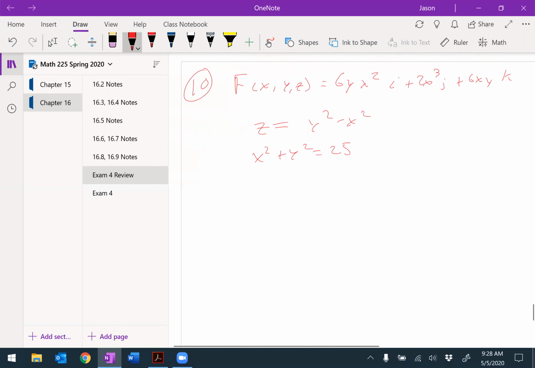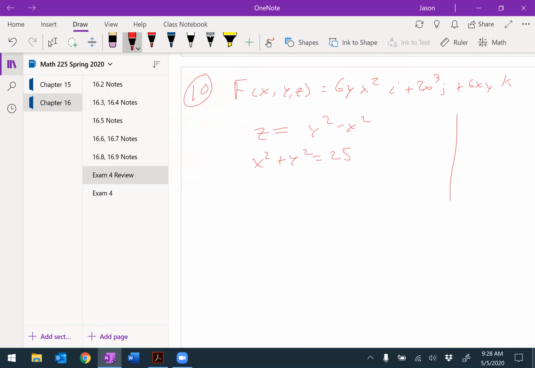Well, let's make a diagram here. Okay, x, y, z. The cylinder is kind of easy. It's just going to have a radius of 5, and it's a regular cylinder because the base is made out of a circle.